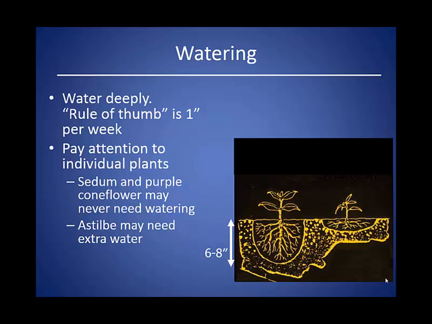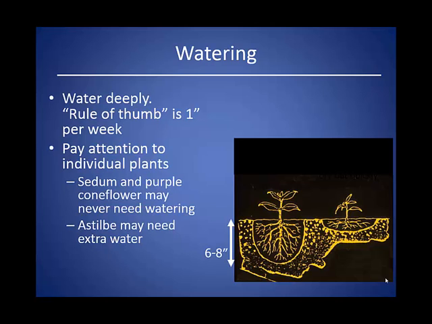So when you say water deeply, do you mean like pour some on, let it soak in and pour a little more? Yeah. Or, we want to avoid overhead watering because that can lead to disease problems. But like if you were watering overhead with a sprinkler, a tuna can is about 1 inch deep.